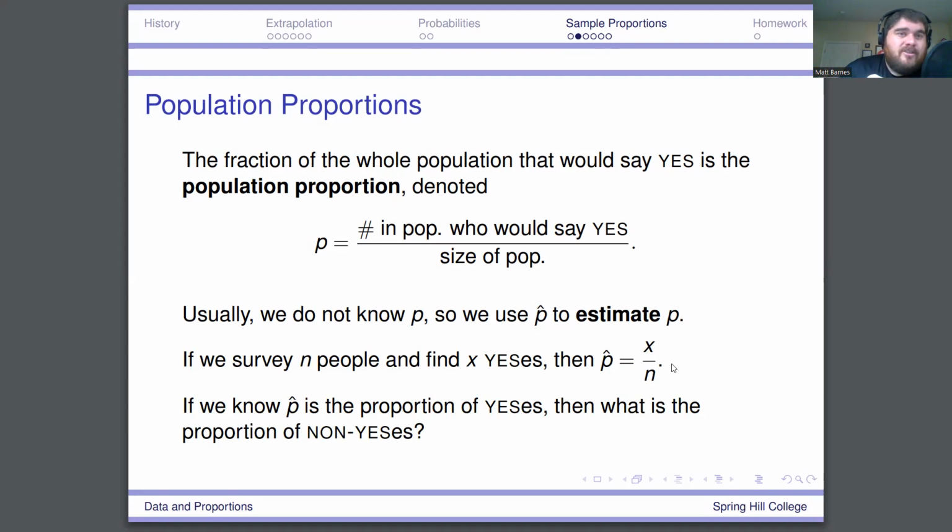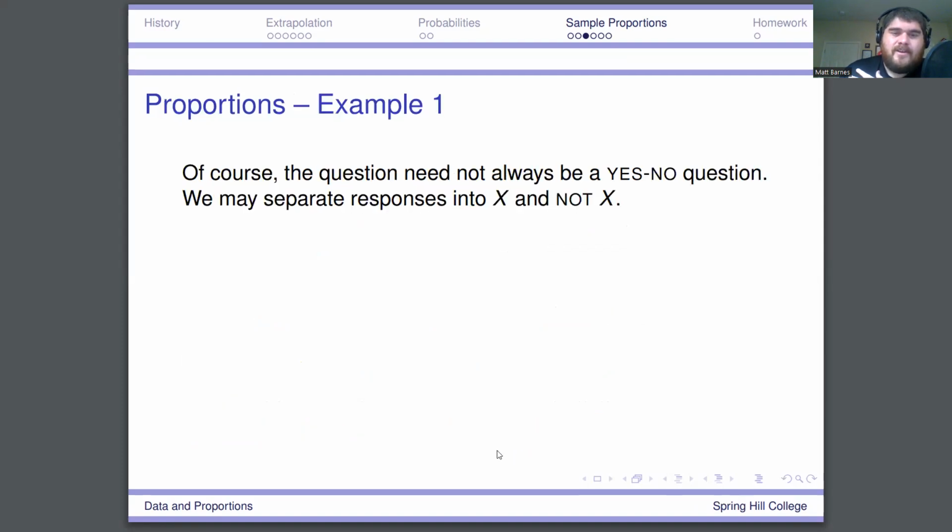So if 3/4 of the people said yes, I do 1 minus 3/4, that would give me 1/4, and 1/4 of the people would have said no. Those would be our non-yeses. So we can say 1 minus P hat, 1 minus our proportion of yeses, gives us our proportion of no's, and this Q hat is going to be our proportion of no's. So P stands for yeses or successes, Q stands for no's or failures here.